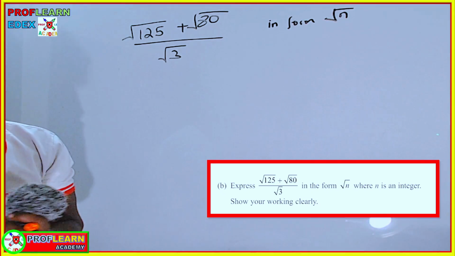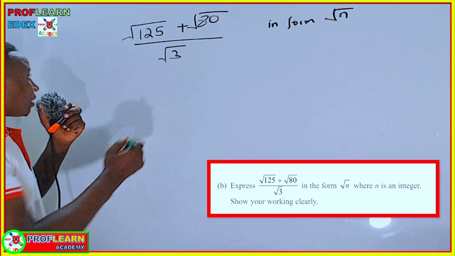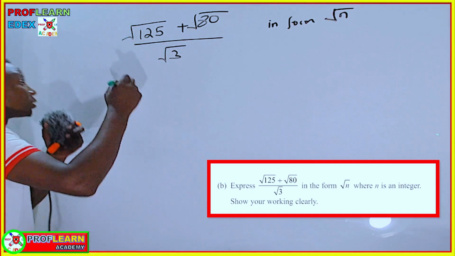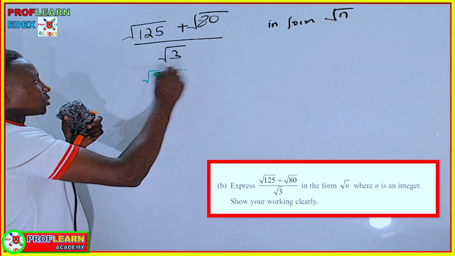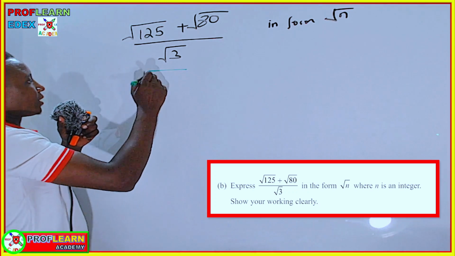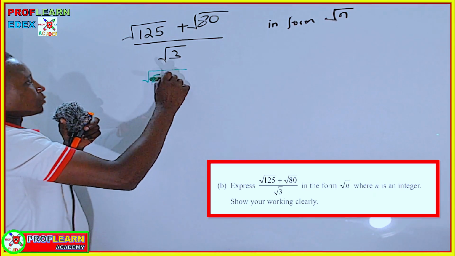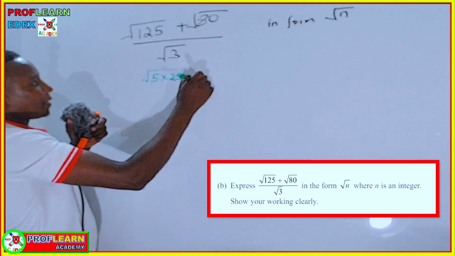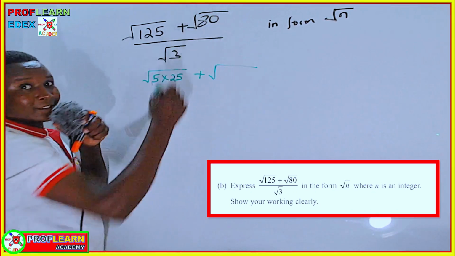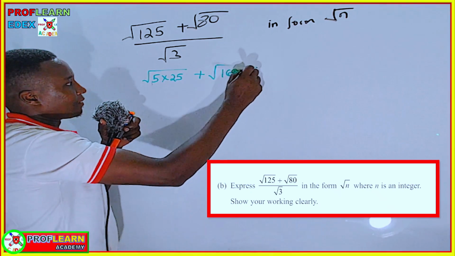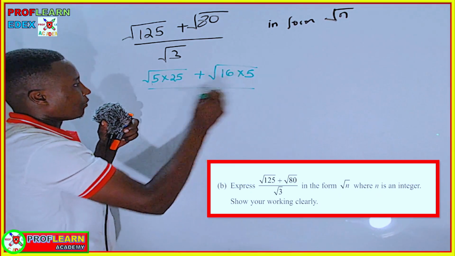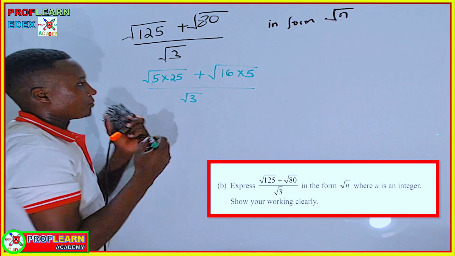In the process of simplifying this, how can we express root 125? Root 125 can be written as root of 5 times 25, plus root 80 can be expressed as root of 16 times 5, over root 3.